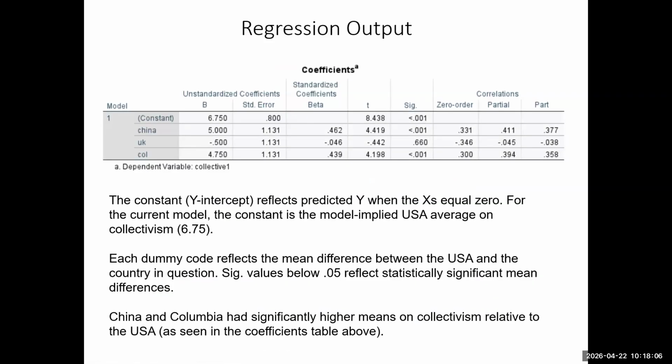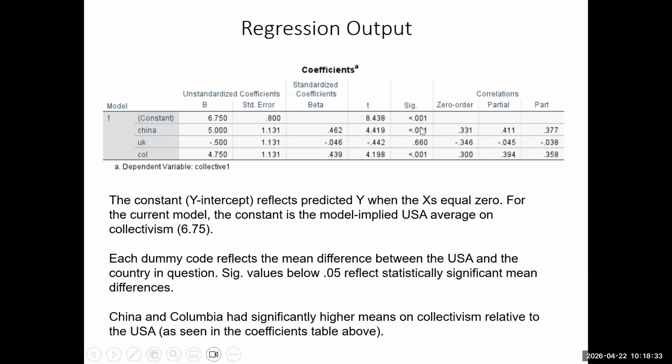Next, let's take a look at our coefficients table. I'm going to direct your attention to the unstandardized coefficients here because this is carrying information that is related to the mean differences between each of the 3 remaining countries and the reference group. And each code is evaluated for statistical significance.